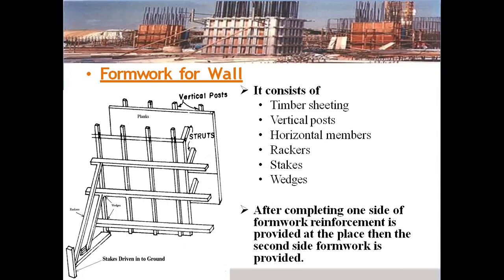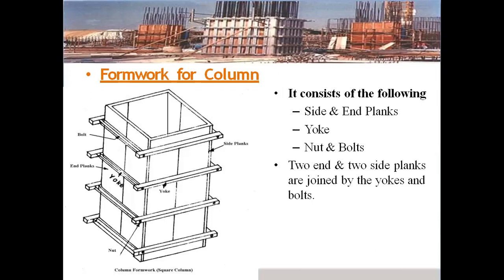These rackers are helpful to withstand heavy loads with the help of stakes driven into the ground, so that after completing one side, the reinforcement has been provided, so that the other side of the wall can also be placed. The second side of the formwork is also provided likewise, after that the fluid concrete can be placed.